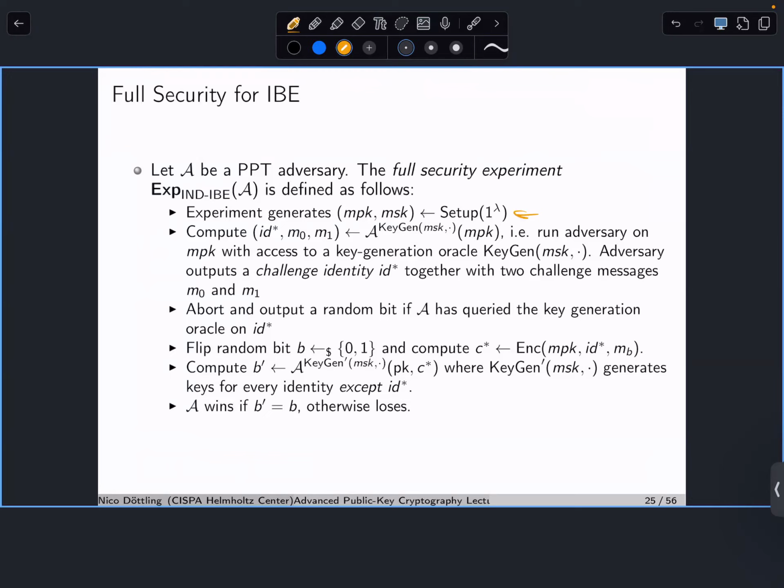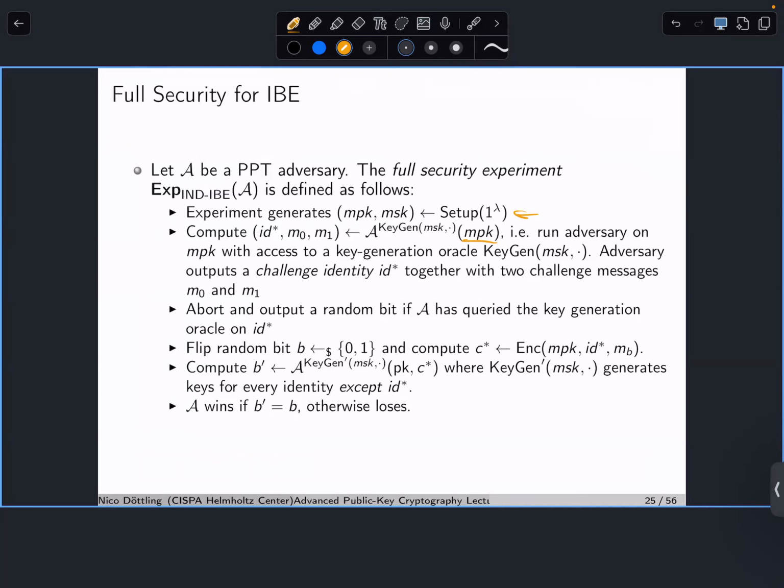And now it runs the adversary, and the adversary gets access to a key generation oracle, right? He can query it with identities, and he will get the corresponding user secret keys with respect to this master public key. Of course, the adversary also gets the master public key.